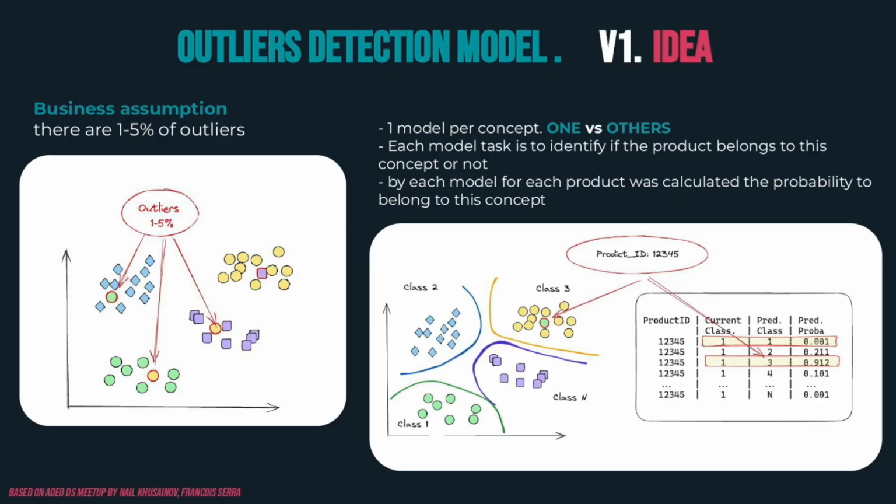There is an estimation of 1 to 5% of outliers, and the first approach was one model per concept. So it's like one versus others. Each model's task is to identify if this product belongs to this specific concept. And the result of the model is a probability that this product belongs to this concept.